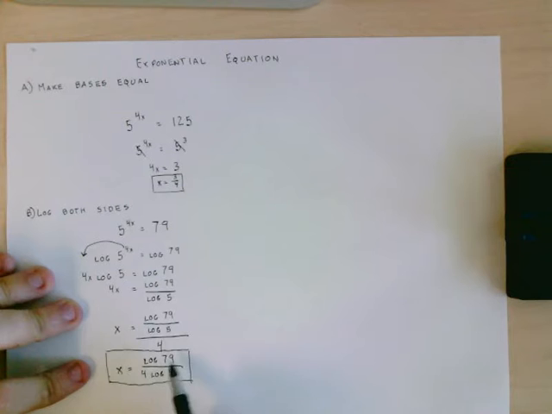Log base 10 of 79 is something between 1 and 2. Log base 10 of 5 is something a little higher than a half. But any number that you put is going to be an approximation. That actually is the exact answer.